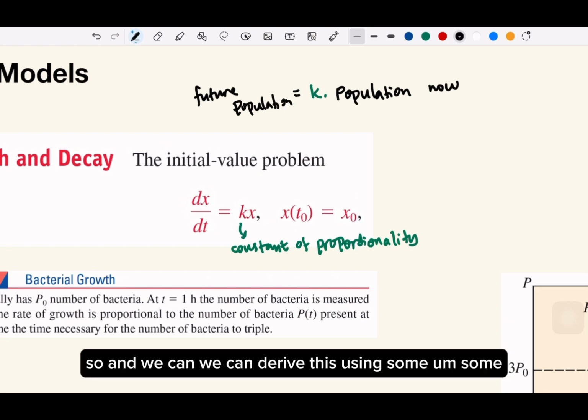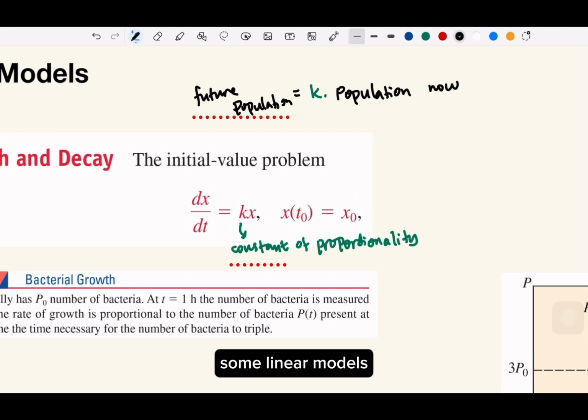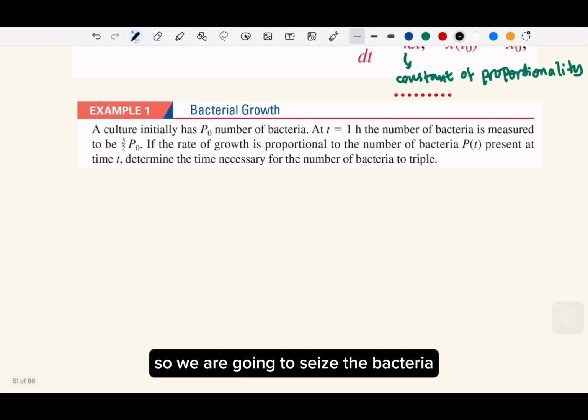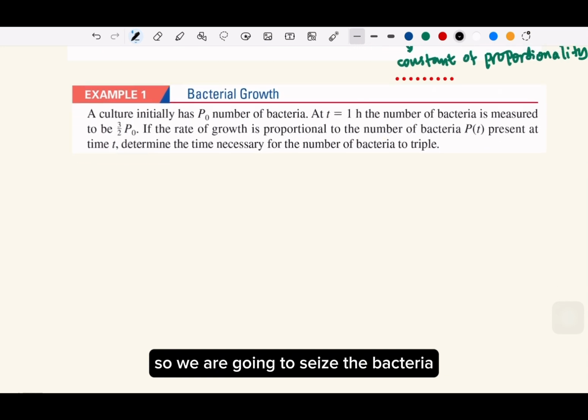And we can derive this using some linear models. Maybe I will just take some example. So we are going to see the bacteria.